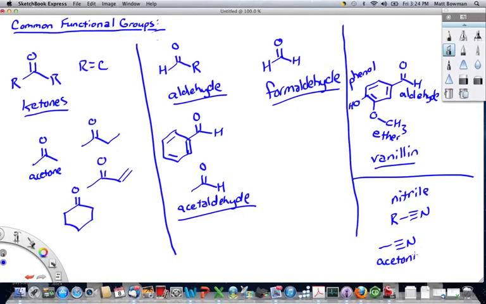It's a common solvent. We have another example of a nitrile. This is bonded to an sp2 carbon. Here we have benzonitrile here. All of these are examples of nitriles.